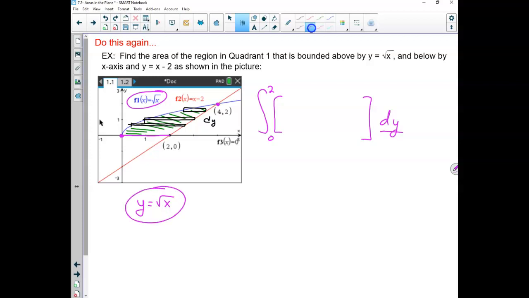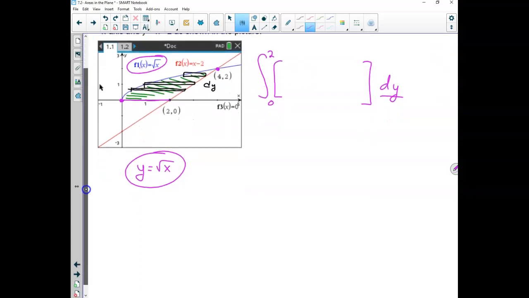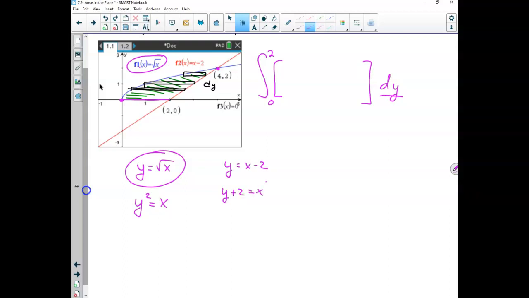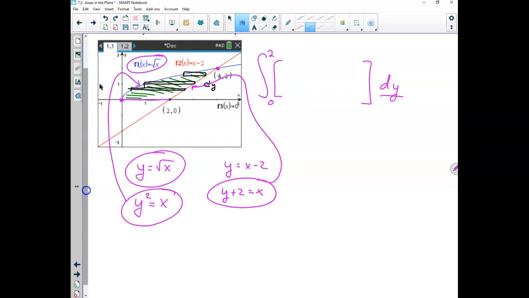That's my left one. If I square it, I get y squared equals x, because that's half a parabola there. And if I took my other one, y equals x minus 2, and I solve that for x, I get y plus 2 equals x, right?